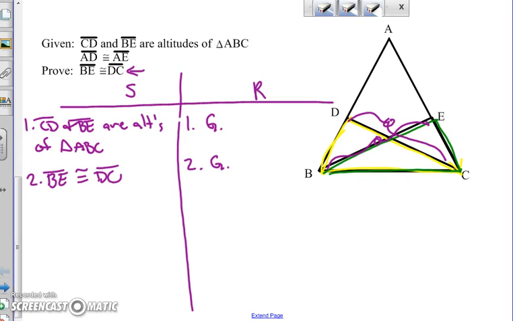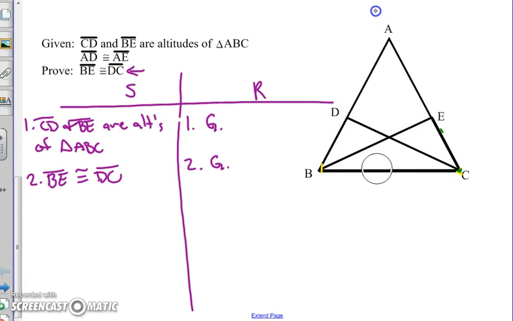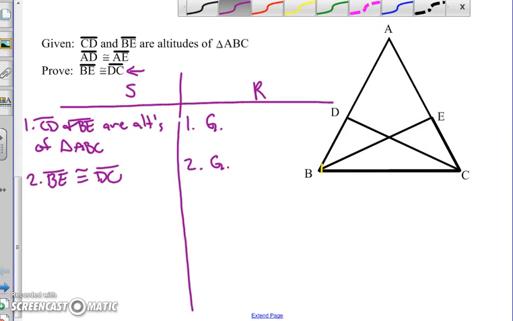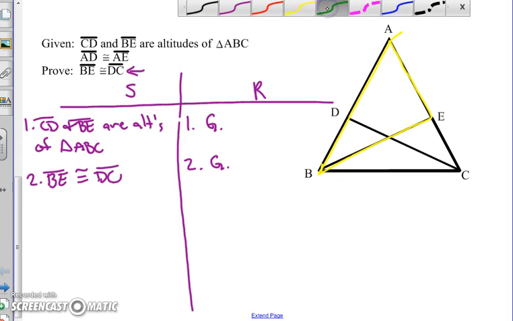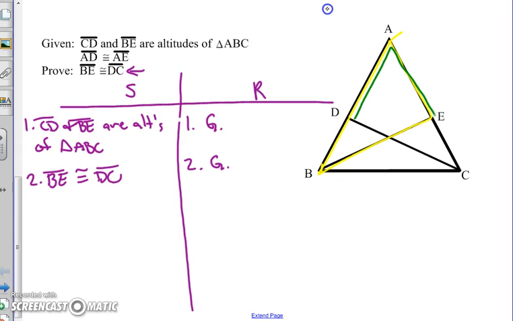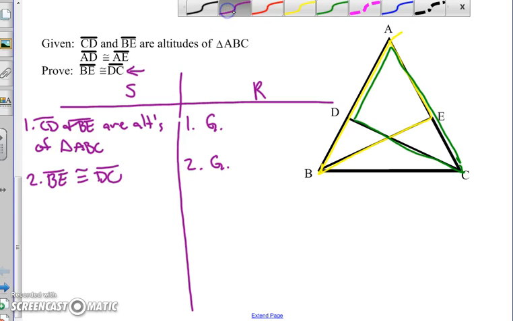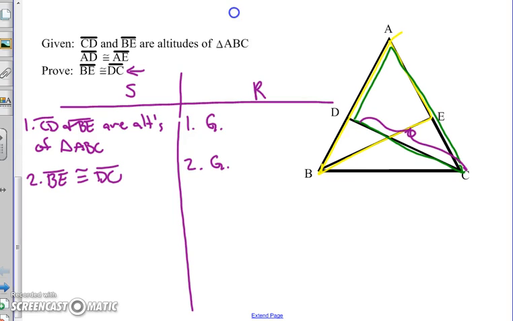Here's another possibility that maybe you didn't see before. What about trying to prove these two triangles on the top side are congruent to each other? Looking at those, remember what we were given? We were given that this piece was congruent to this piece.